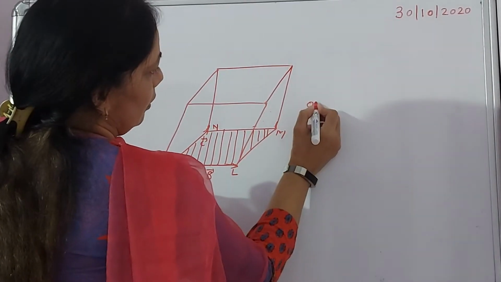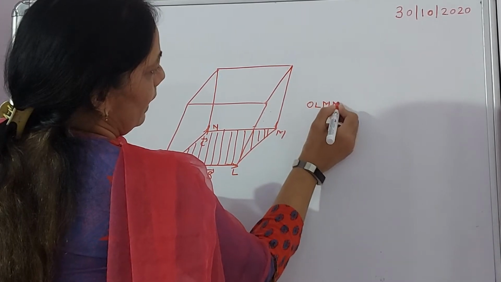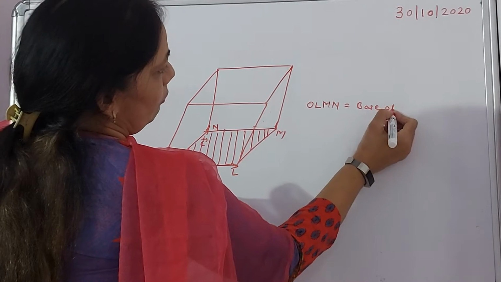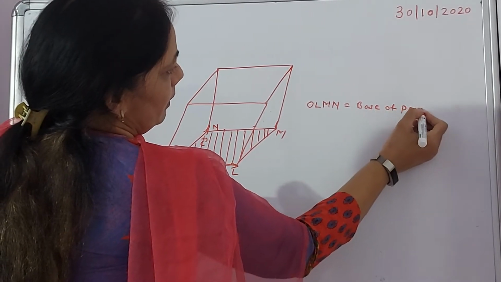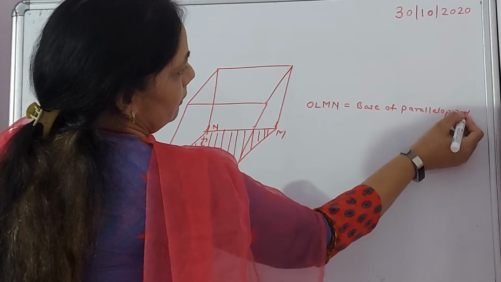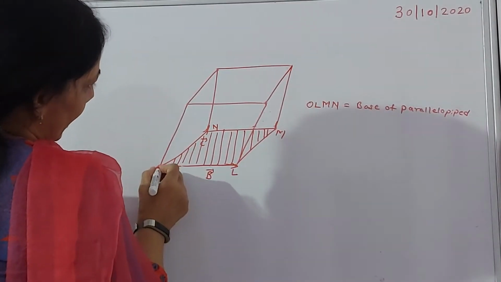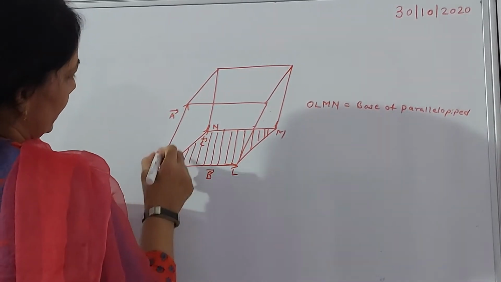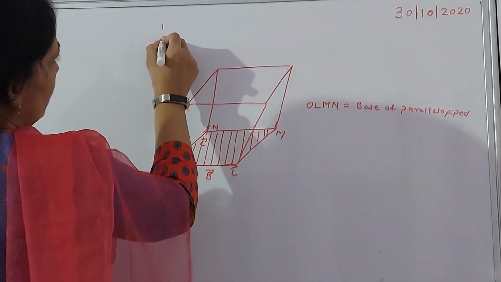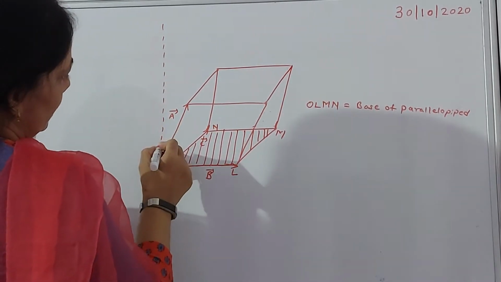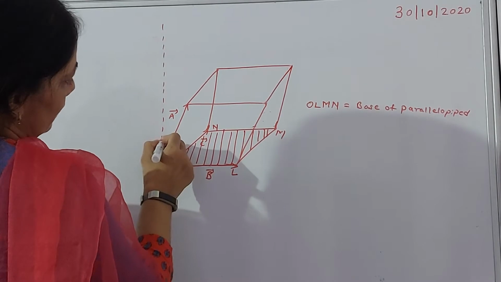So this OLMN becomes the base of the parallelepiped. Correct? And this side I'll show as vector A. Right? And if I draw a perpendicular like this, this angle is angle theta.